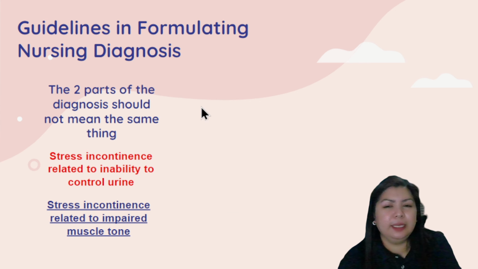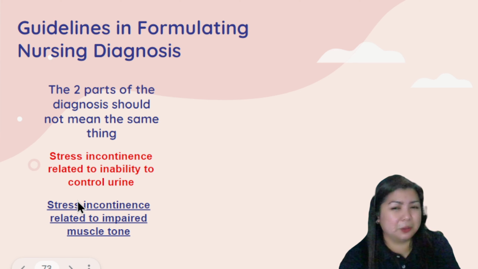And lastly, the two parts of the diagnosis should not mean the same thing. It's like you have written your problem and you state the related factor, which is the definition of the problem. Example, stress incontinence related to the inability to control urine. So this is wrong. Why? Because the definition of stress incontinence, okay, you can do IgM. So what do we mean when we say stress incontinence?